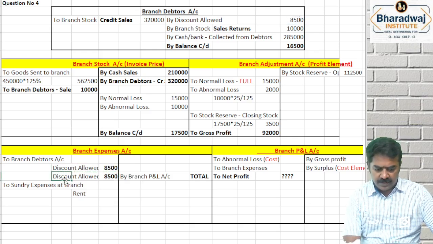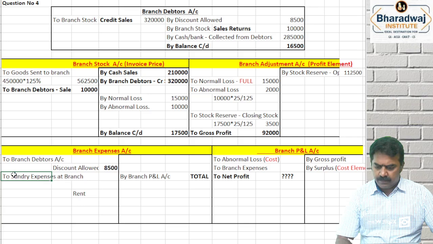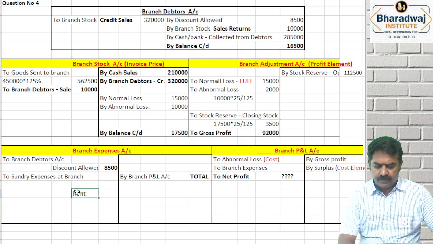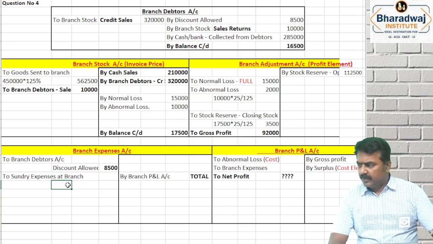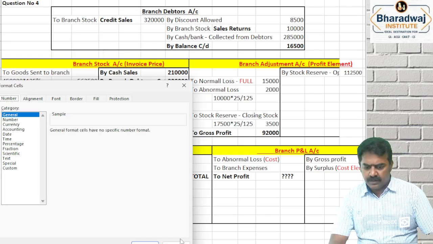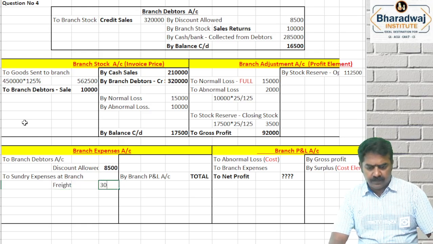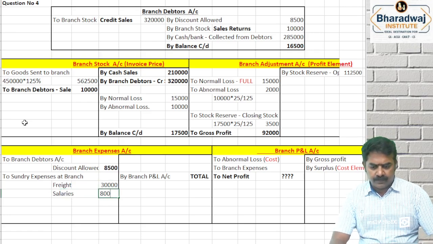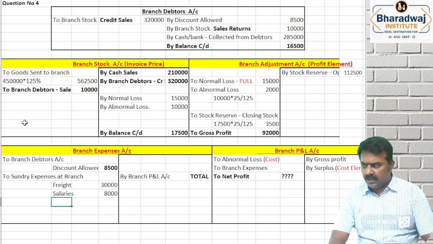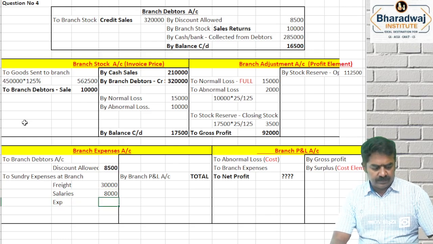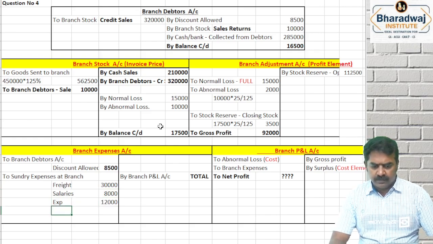Charge all the expenses. Freight, how much? Then salary is 8,000. Other expenses 12,000. The total.